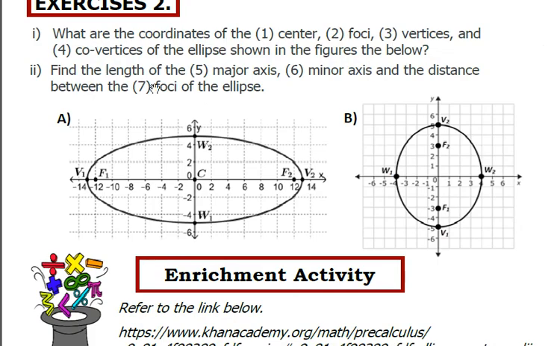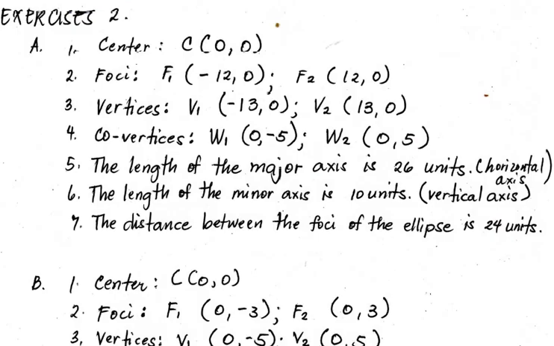Now for number 6, find the length of the minor axis. The minor axis is the line segment formed by W sub 1 and W sub 2. From the center going down is 5, and from the center going up is 5 units, so a total of 10 units.